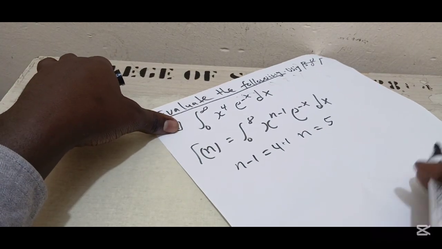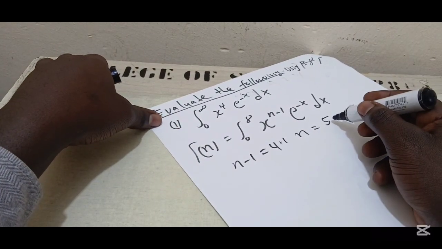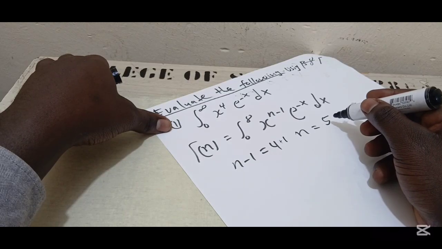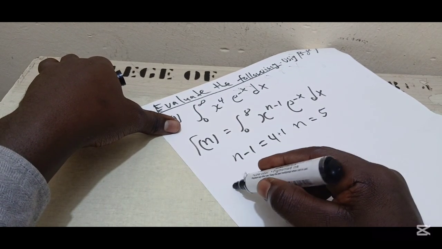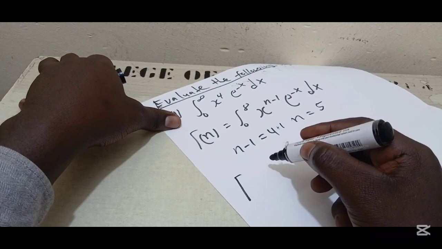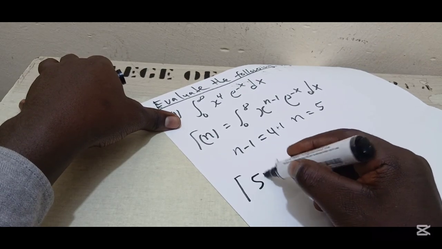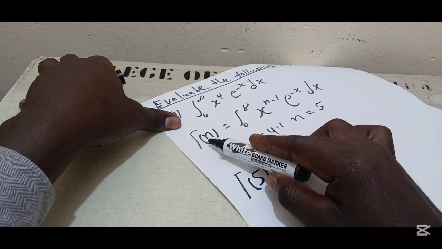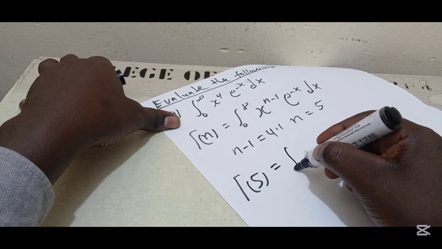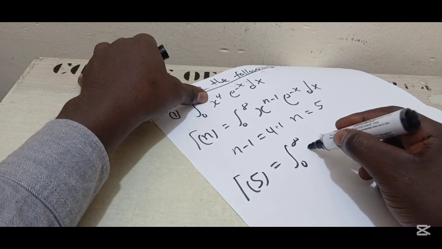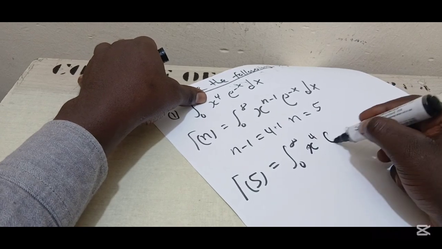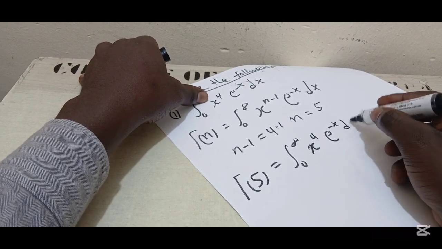Now that we know that our n equals 5, gamma 5 should be equal to the integral from 0 to infinity of x to the power 4 e to the power minus x dx.